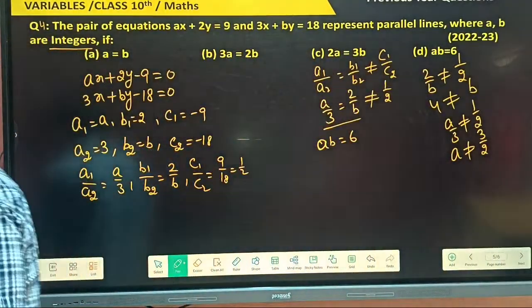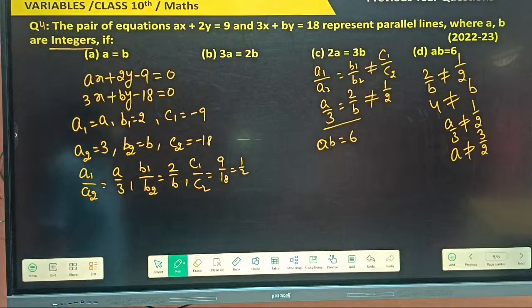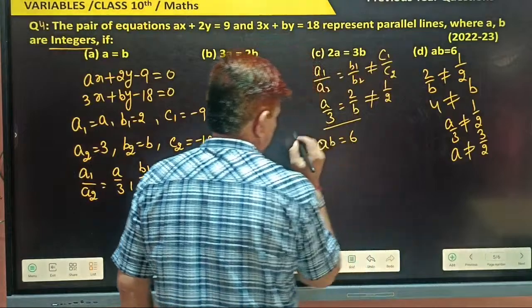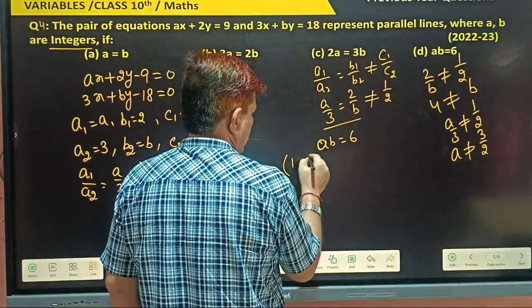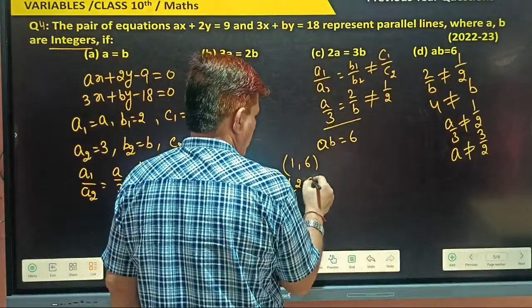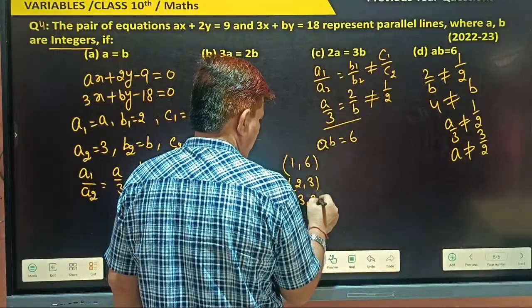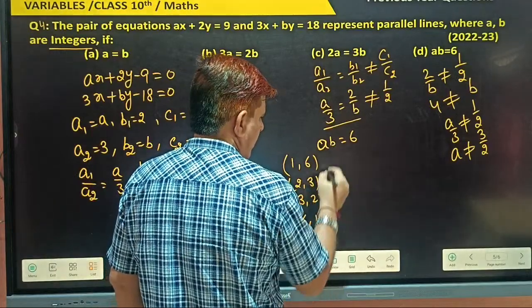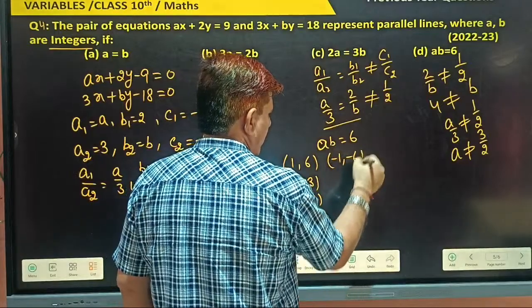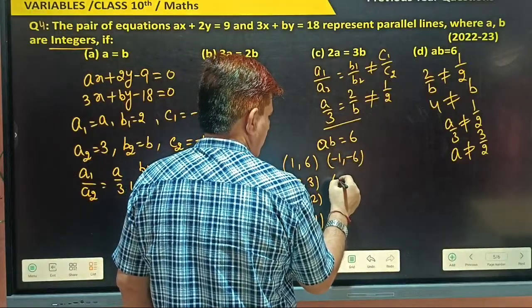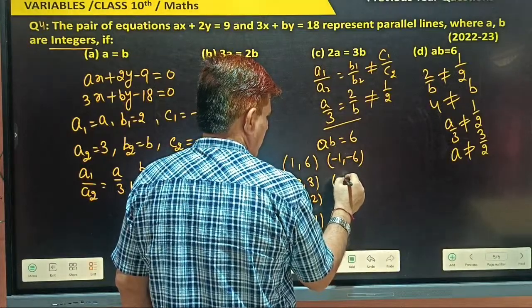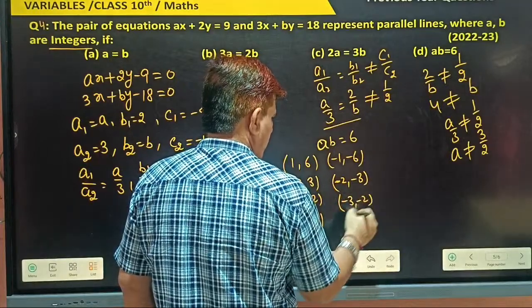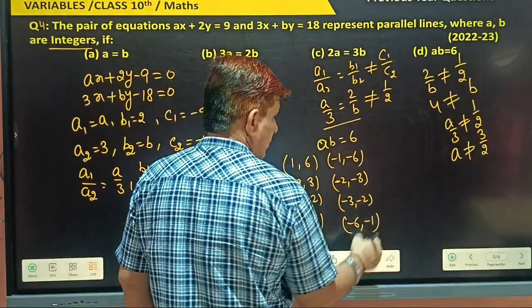Understood? A is not equal to 3 by 2. Another value you can take. So we are taking like this: 1, 6, 2, 3, 3, 2, 6, 1, and then minus 1, minus 6, minus 2, minus 3, minus 3, minus 2, minus 6, minus 1.